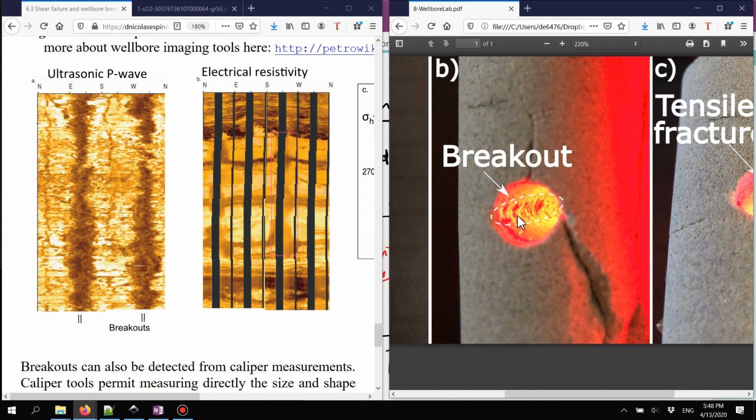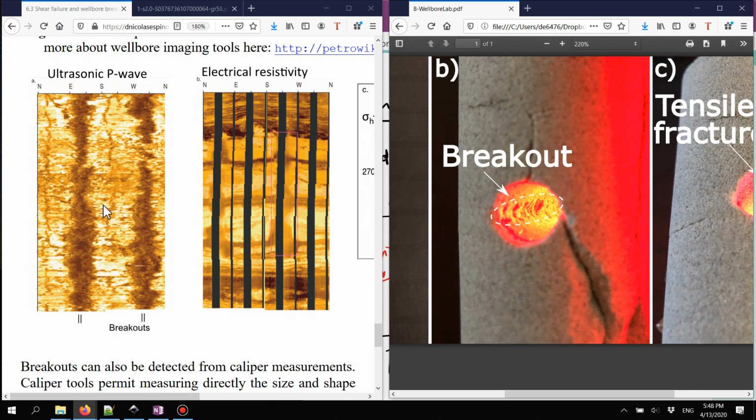When you have a breakout, it's going to take longer for that P wave to bounce back in the rock and come back. In this plot, longer time means a darker color, which are these dark regions in this image. And if it comes back in a shorter time, that's going to be a brighter color, which in this case is all this region.